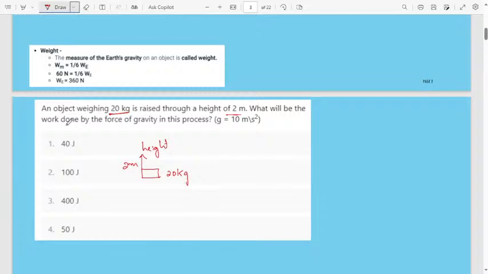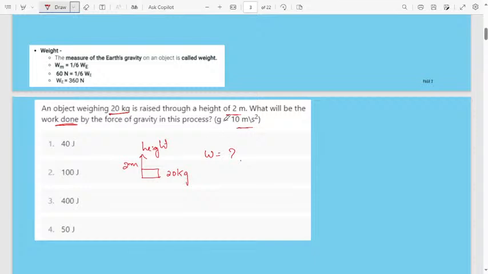What will be the work done by the force of gravity in this process? The gravitational acceleration is 10 meter per second square. They have given the value of gravity.